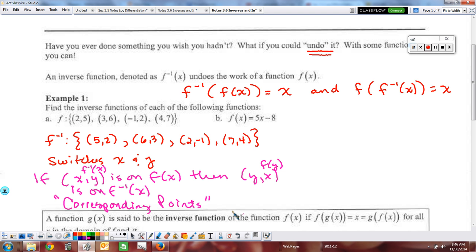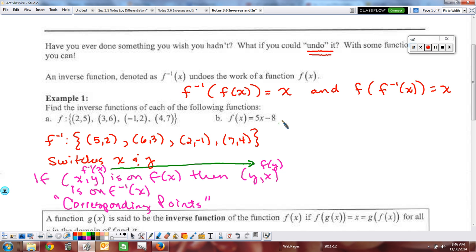Corresponding points, that f inverse of x is exactly your f of y. These correspond to each other, so we want to keep that in mind.